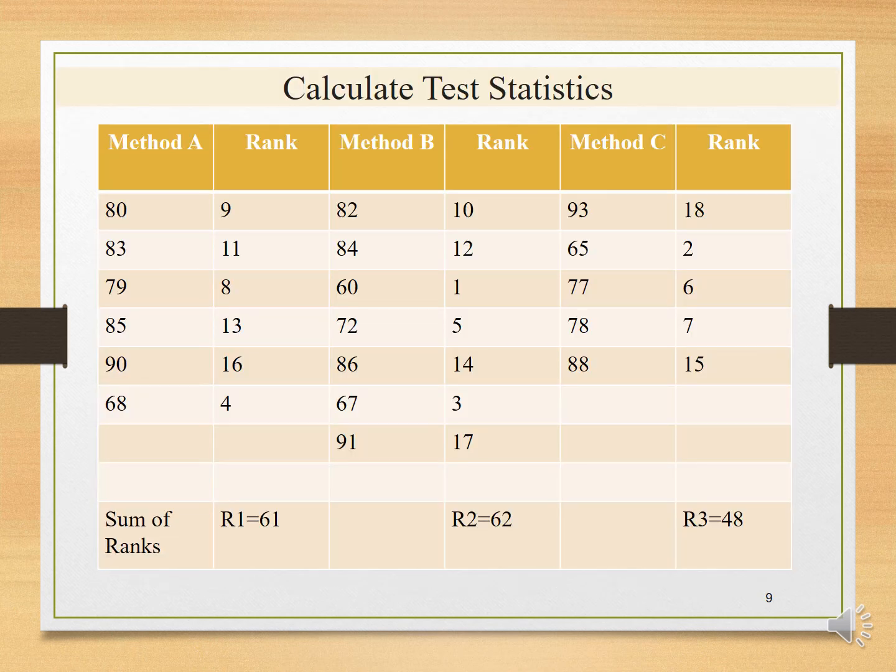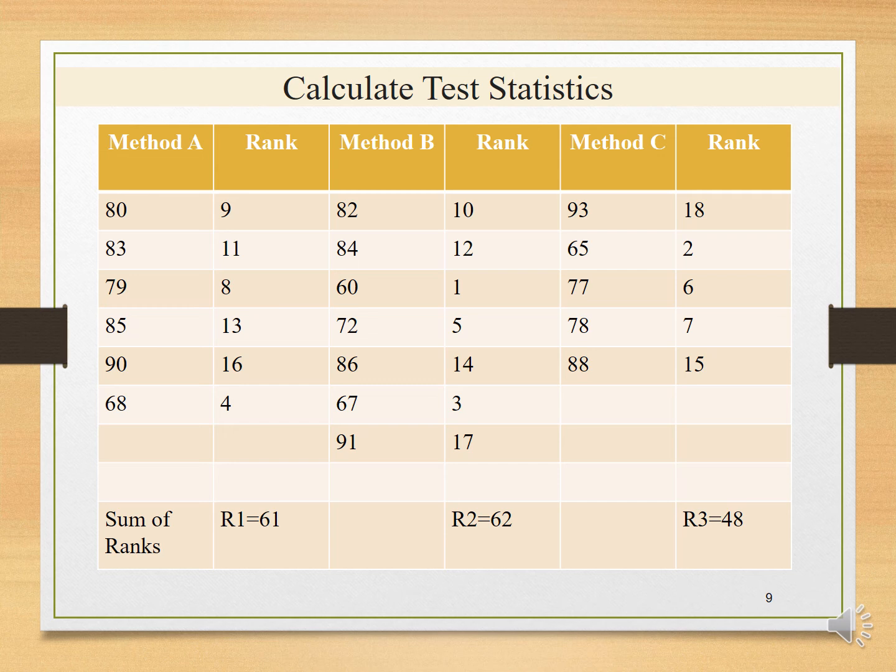Now let's actually calculate a test statistic. Here we have our data, and what we want to do for a Kruskal-Wallis test is to organize our scores by rank. So basically, we want to organize them from smallest to largest. Here we have three groups and a total of 18 scores. We are going to rank those 18 scores so we can calculate the chi-square statistic for a Kruskal-Wallis test.